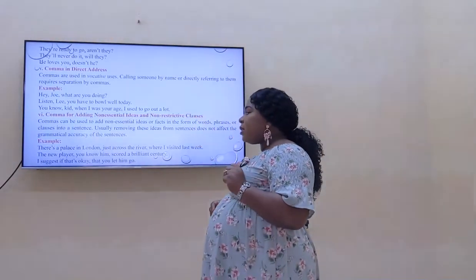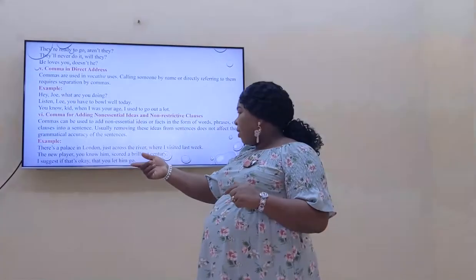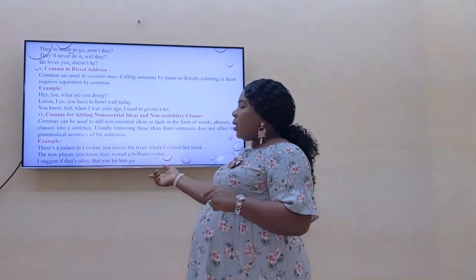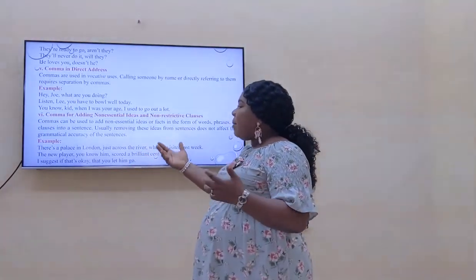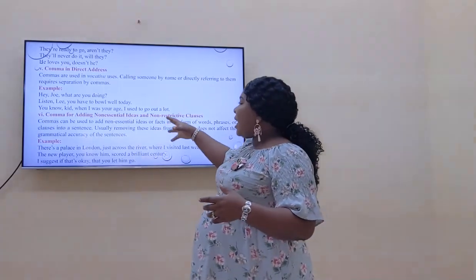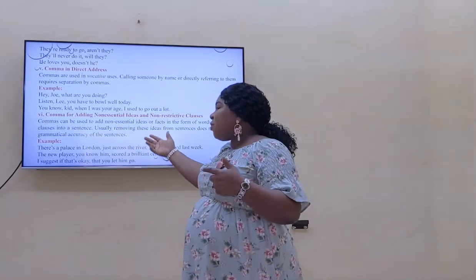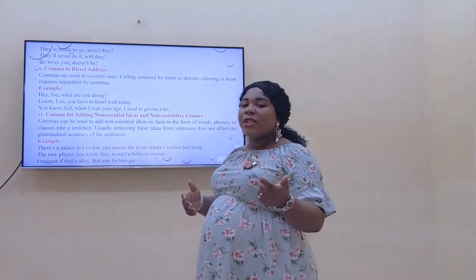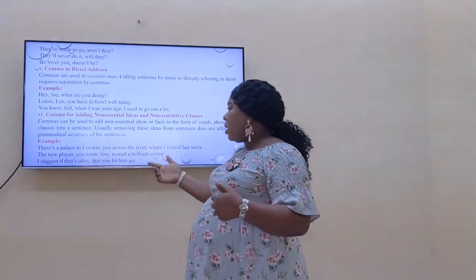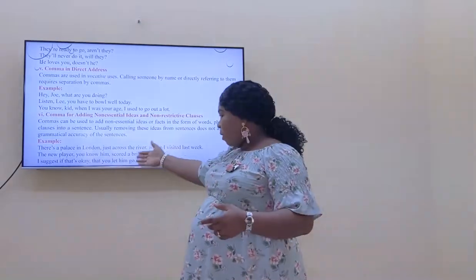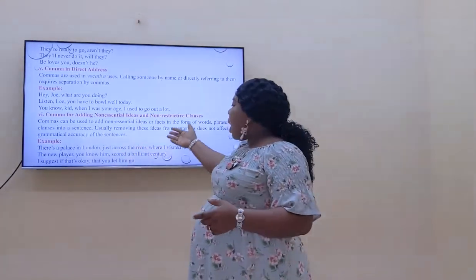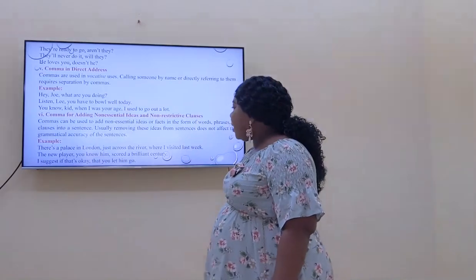There's a place in London, just across the river, where I visited last week. It might be essential or non-essential, but if you have to add that, of course, you have to separate it with a comma, where I visited last week.